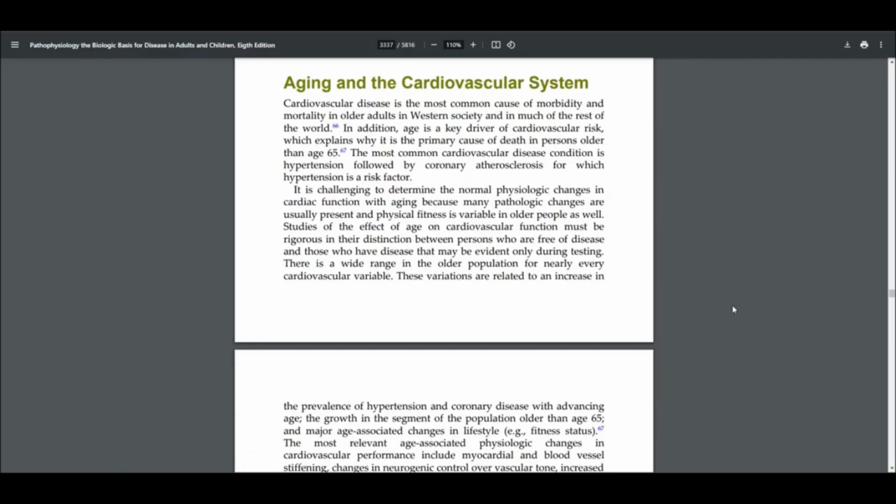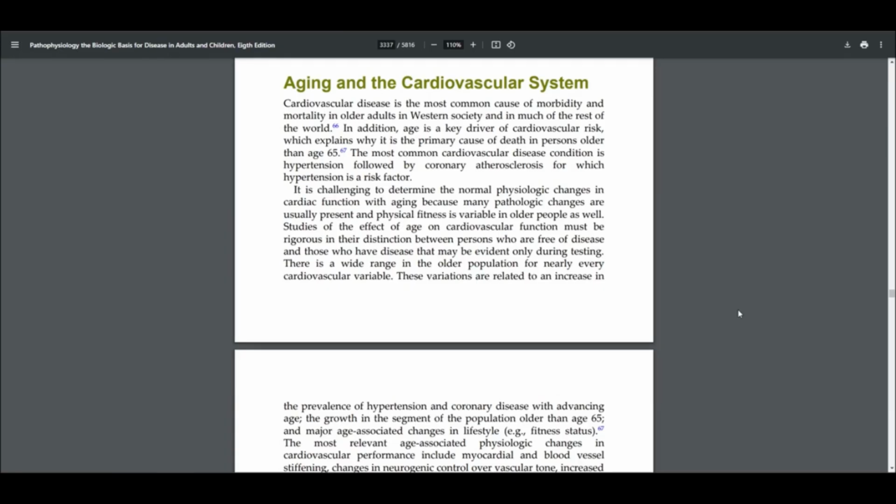It is challenging to determine the normal physiological changes in cardiac function with aging because many pathologic changes aren't usually present and physical fitness is variable in older people as well. Studies of the effect of age on cardiovascular function must be rigorous in their distinction between persons who are free of disease and those who have disease that may be evident only during testing.